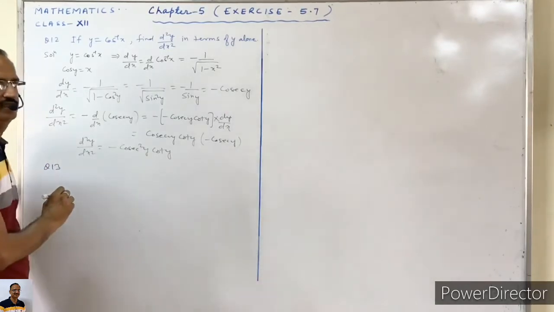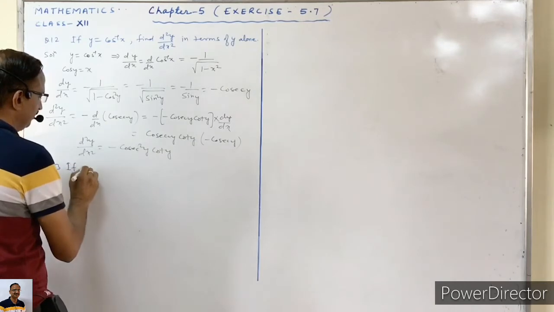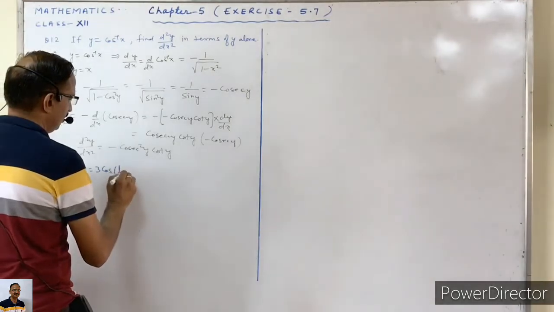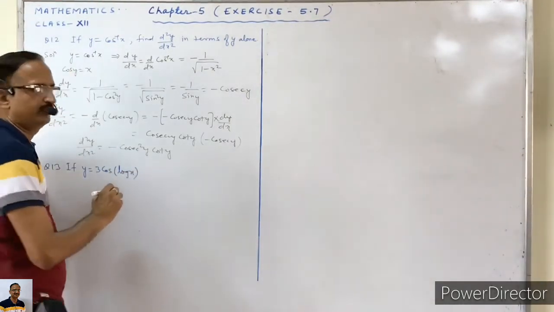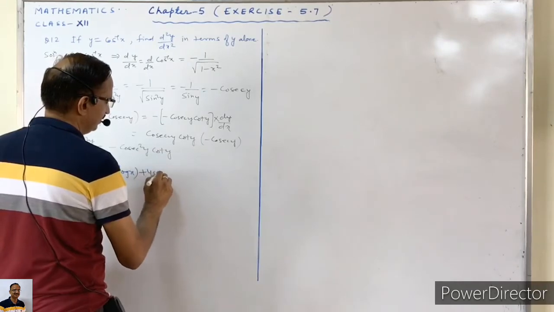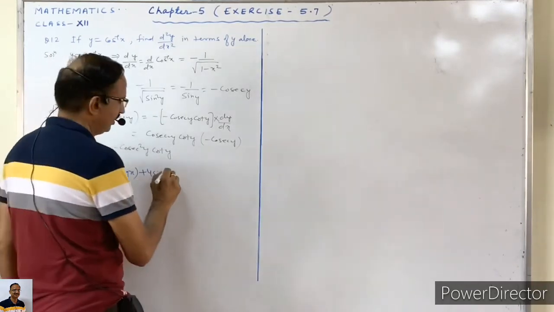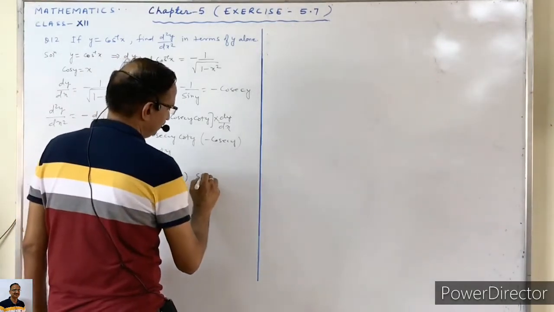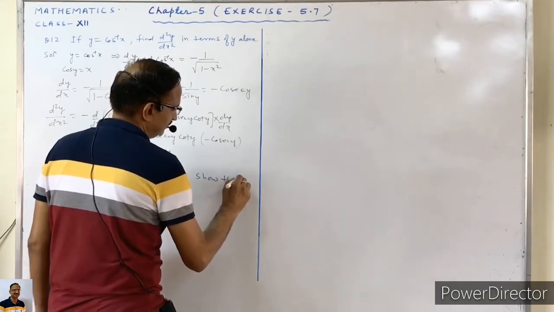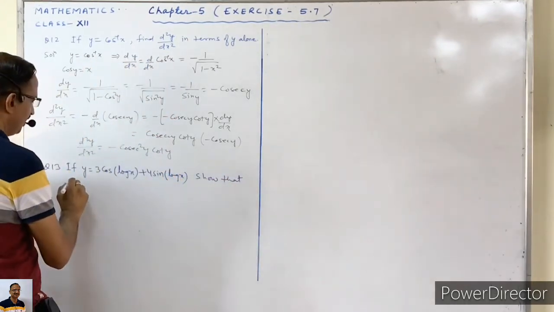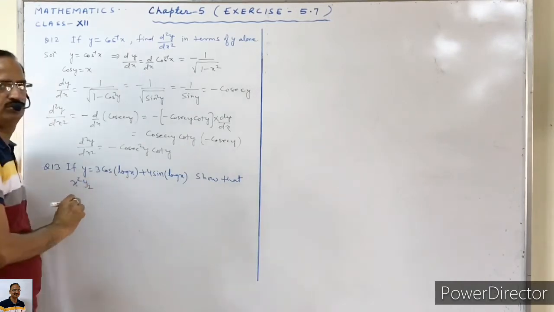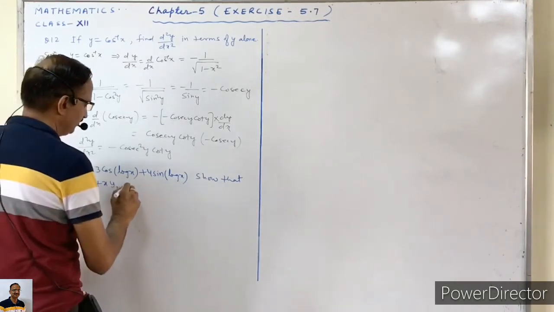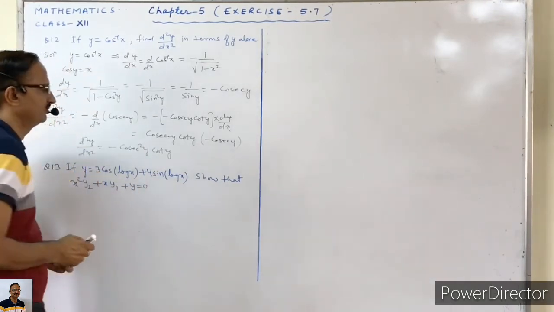Now come to question number 13. Question number 13 is, if y equals to 3 cos log x plus 4 sin log x, then show that x square y2 plus x y1 plus y equals to 0.